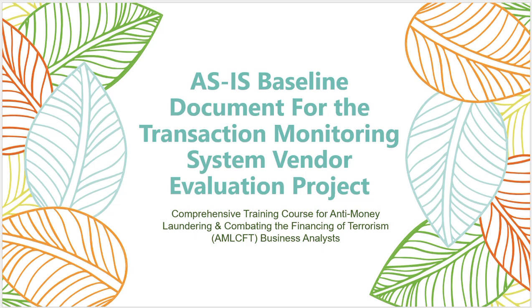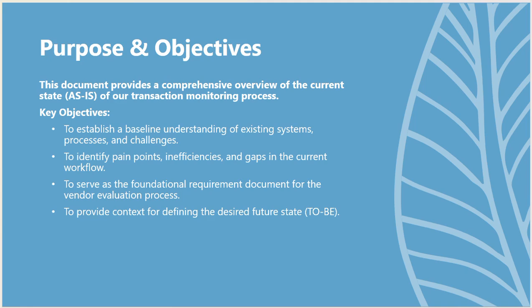First is the purpose and objective of creating the as-is baseline document. Why are we creating this document? The as-is baseline document provides a comprehensive overview of the current state, which we call the as-is stage, of the transaction monitoring system or the system you are working on. It shows how the current state works, what stakeholders are involved, and what tasks they perform using this system.